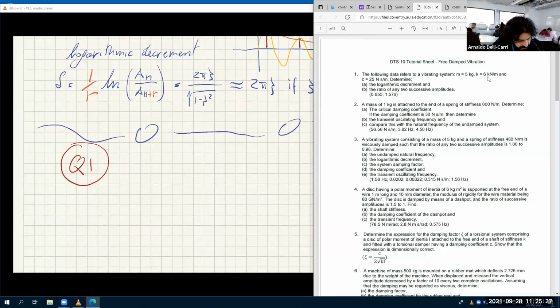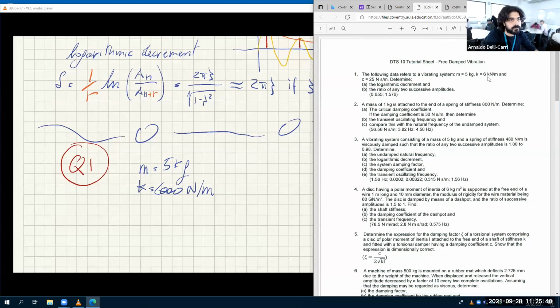This will be very easy, so I will not spend a lot of time on this. We have a mass of 5 kilograms, a stiffness of 6,000 newtons per meter, and a damping coefficient of 25 newton seconds per meter. We want to find the logarithmic decrement and the ratio of any two successive amplitudes.